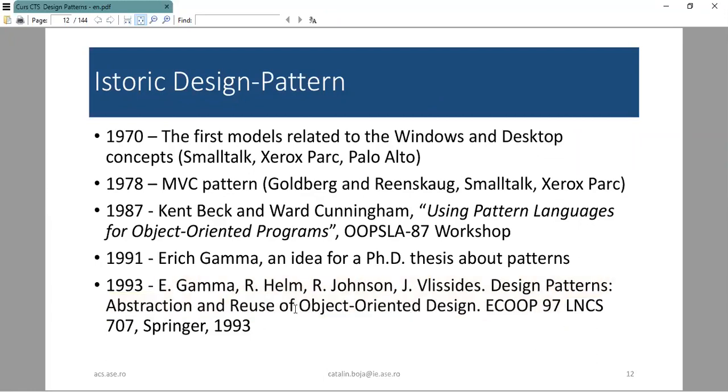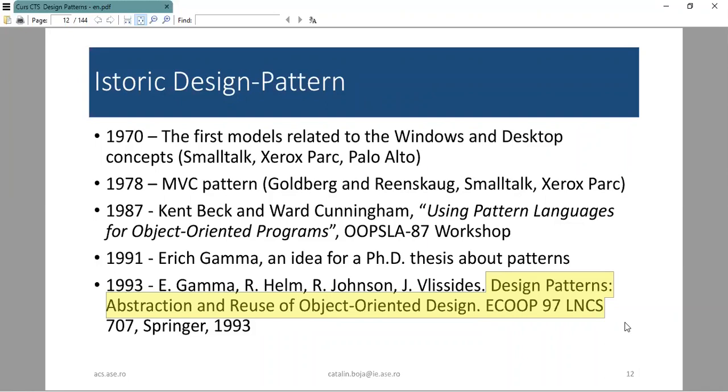You have these four guys, they published this paper where they emphasize this reality that in the community there were some optimal solutions for some very clear problems. They realized that by using their own experience, by using their own search for optimal solutions in different cases.